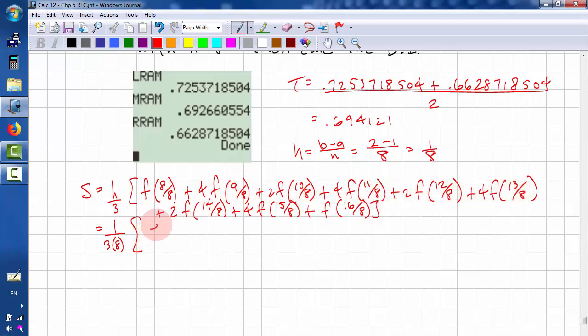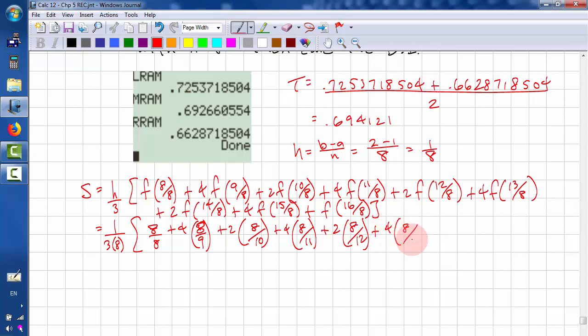So we have 8 over 8 plus 4 times 8 over 9 plus 2 times 8 over 10 plus 4 times 8 over 11 plus 2 times 8 over 12 plus 4 times 8 over 13 plus 2 times 8 over 14 plus 4 times 8 over 15 plus 8 over 16.